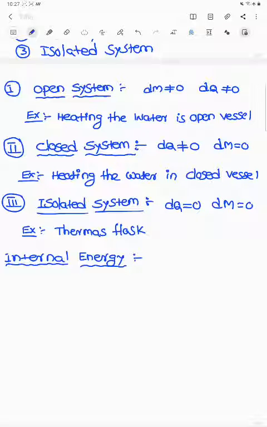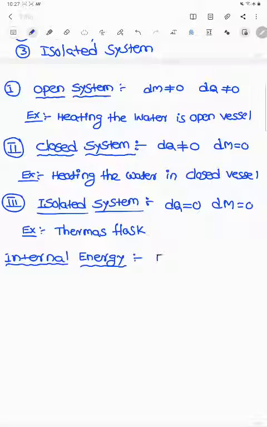Or it can also be defined as the energy stored in a system under a given set of conditions is called internal energy.